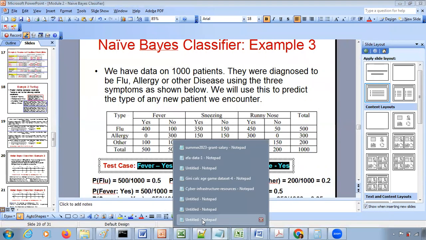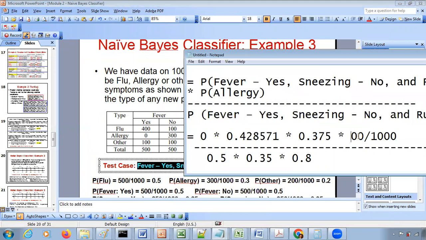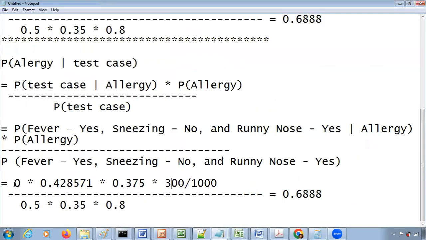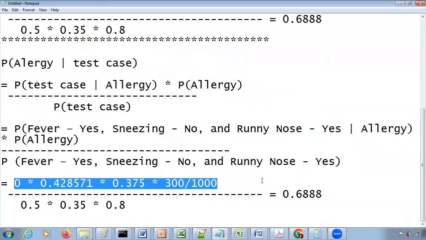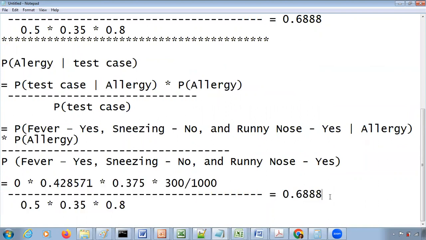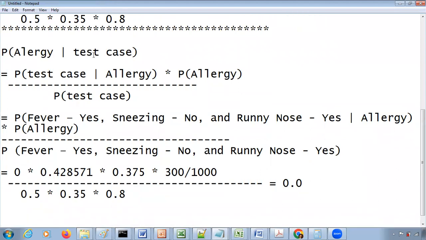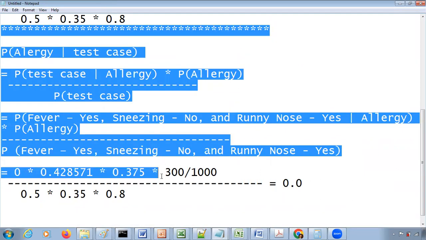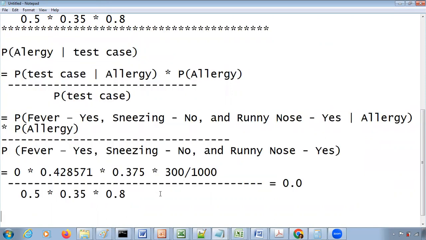The denominator remains the same because the test case has not changed. Since we have a 0 in this product, the whole thing will evaluate to 0. So given the test case, the probability of it being an allergy is 0.